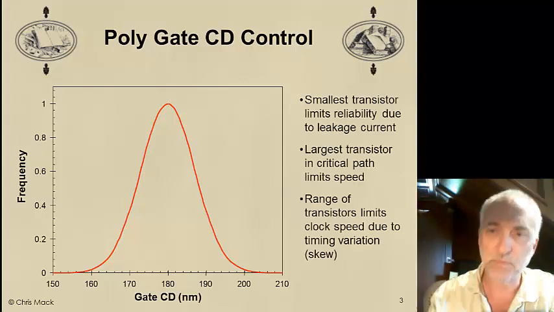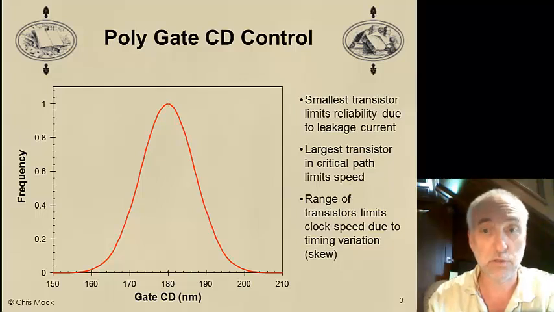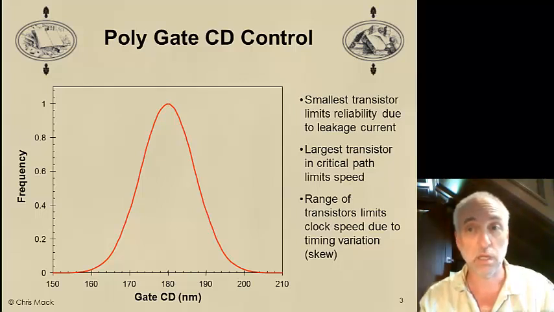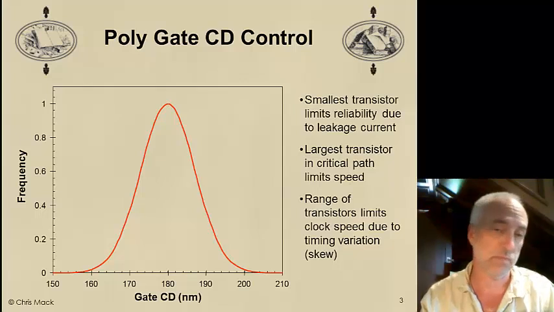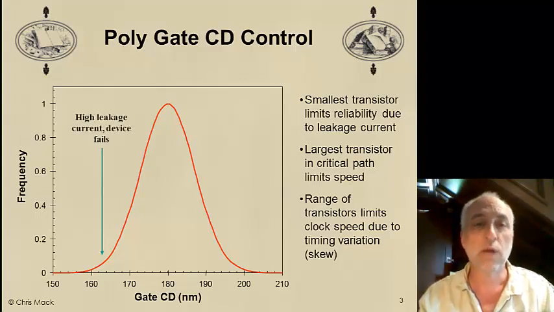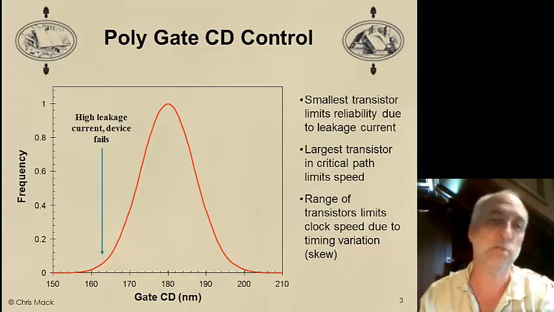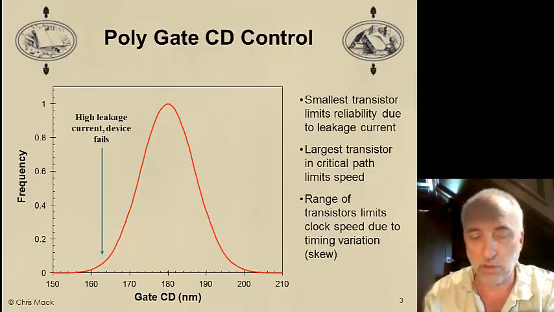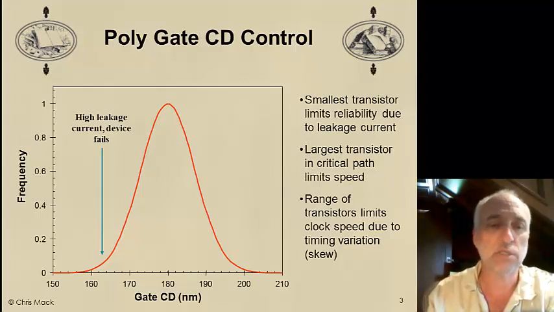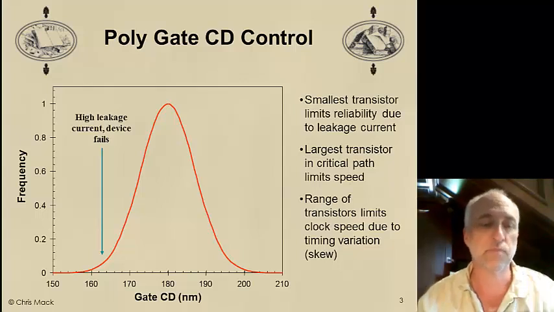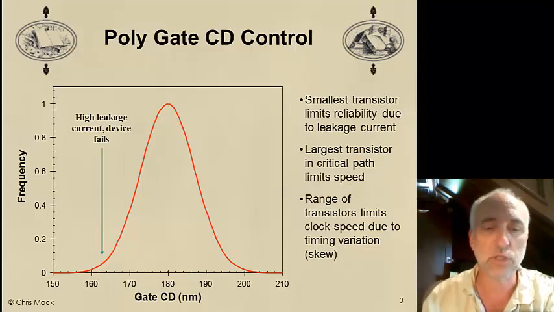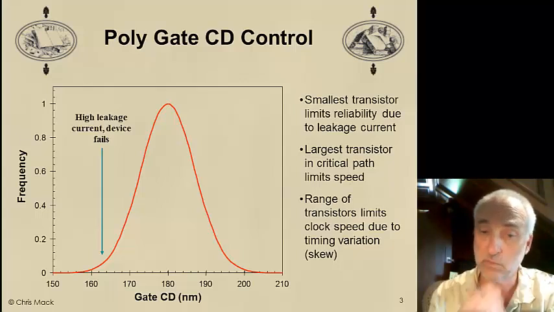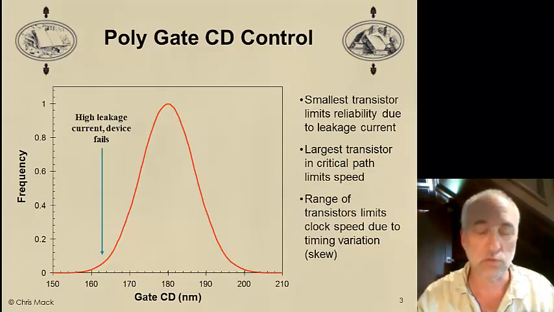First of all, the smallest transistor limits the reliability. As we make the transistors too small, what happens is we can't quite turn them off. We try to turn off the transistor, but it doesn't turn off, and so it leaks current. If we have too many transistors that leak too much current, the result is excessive power consumption, and the device fails. So that's what happens if our CDs get too small.